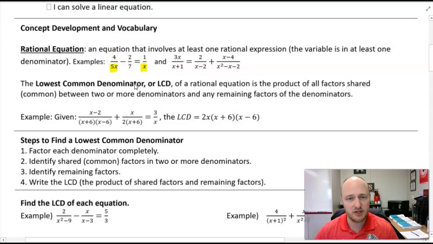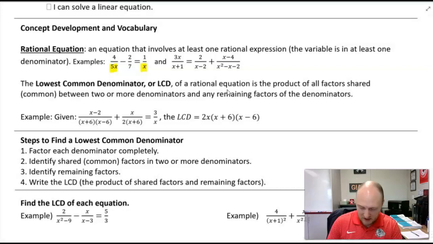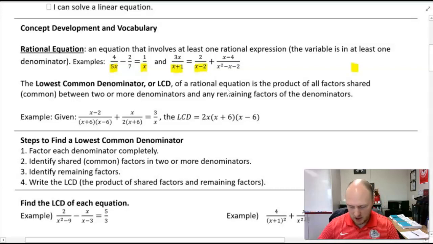Because there's a variable in the denominator, that's a rational expression. As well as our second example, we have 3x over x plus 1 equals 2 over x minus 2 plus (x minus 4) over (x squared minus x minus 2). Each of these is a rational expression because they have a denominator that has a variable in it.